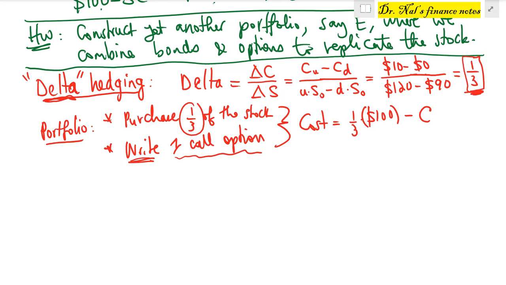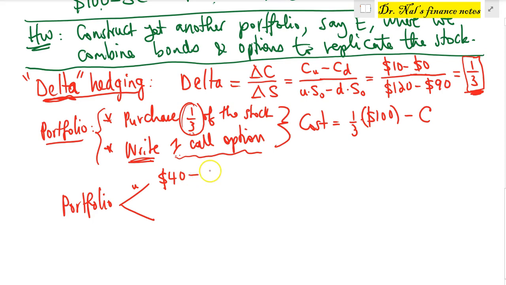Well, what we can do is check the payoff of such a portfolio. So my portfolio payoff would be, well, in the up state, that stock that I purchased will be worth 120 divided by 3, because I just purchased a third of a stock. So that will give me only $40. And writing the call in the up state will cost me money, obviously.